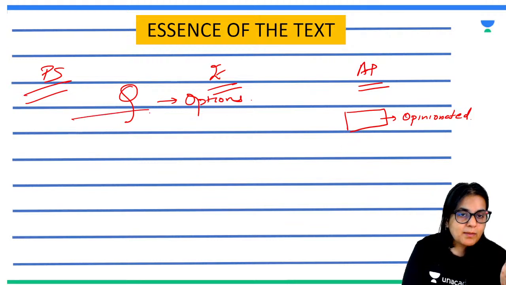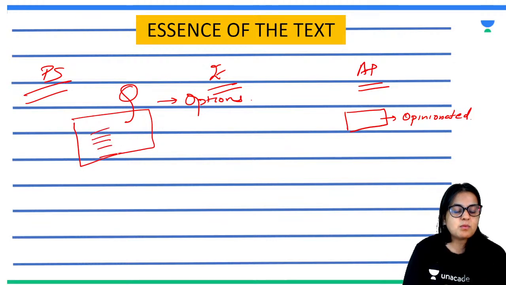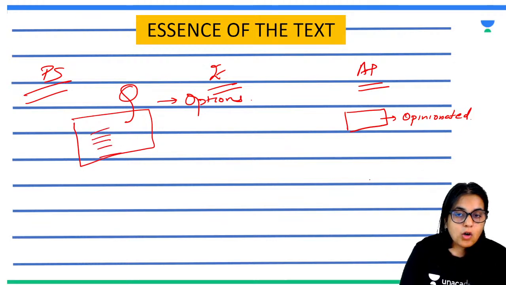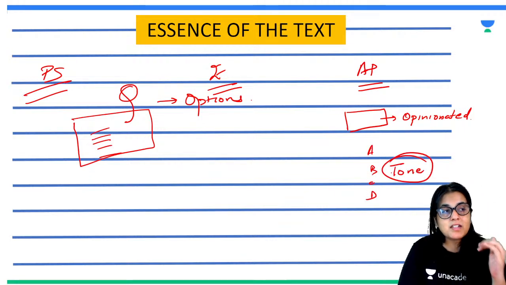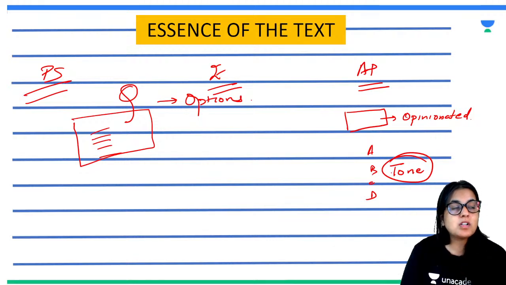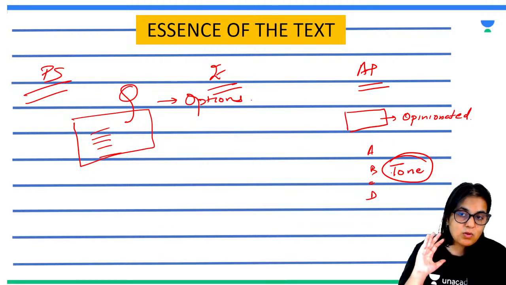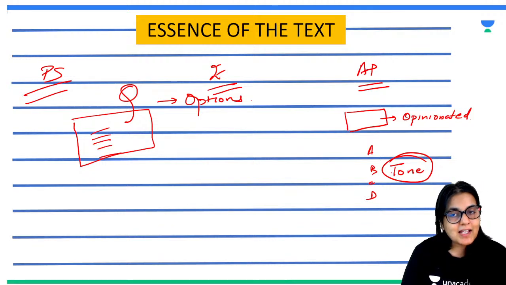But maybe the type of question that you get in para summary or essence of the text may be just about facts, a little bit of opinion. ऑप्शंस भी इसमें ऐसे होंगे जिसमें ऑथर का टोन पकड़ना बहुत इंपॉर्टेंट है कि what is the reason, what is the author's argument, what is the point that he wants to make. You don't just have to give the gist or you don't just have to summarize. It should author का perspective आना चाहिए, and that's the way the questions are framed. So your approach is not different, it's just that the question pattern is a little different.